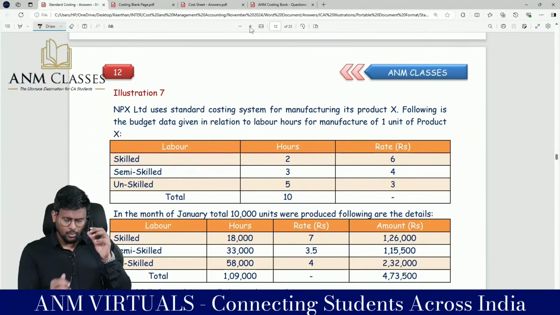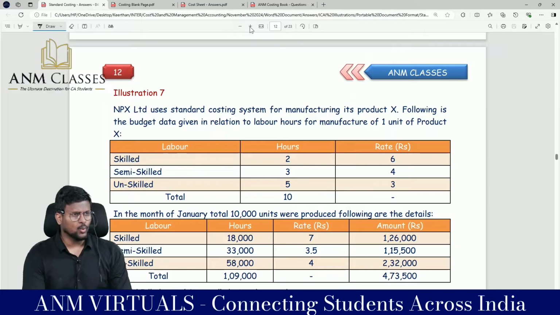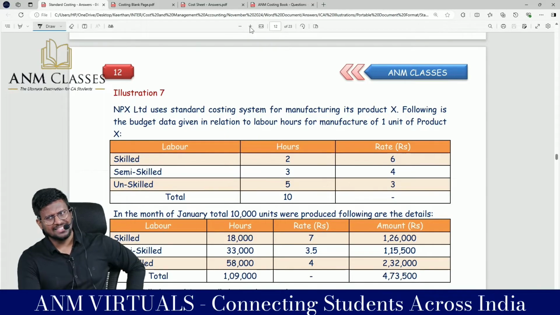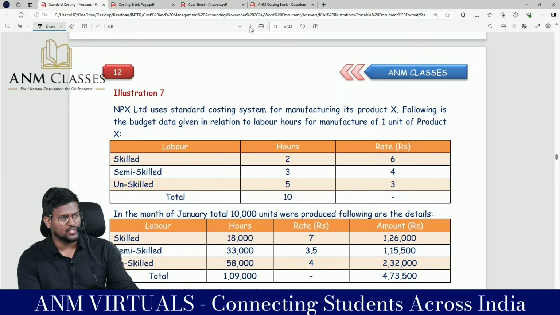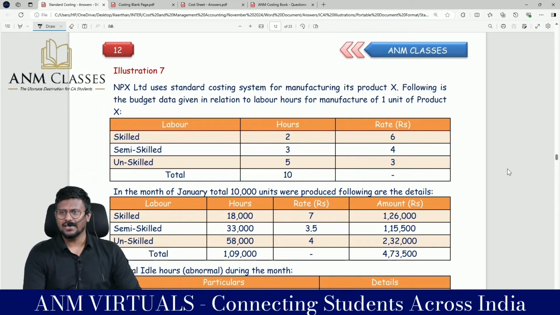Sir, very happy morning to all. Happy morning sir. So we are doing standard costing ICAI illustrations. In the last 2 classes, we have done illustration number 1, 2, 3 and 4, 5, 6. Today we'll be doing question number 7, 8 and 9, and I hope you would have already tried them. Sir, check your answers.